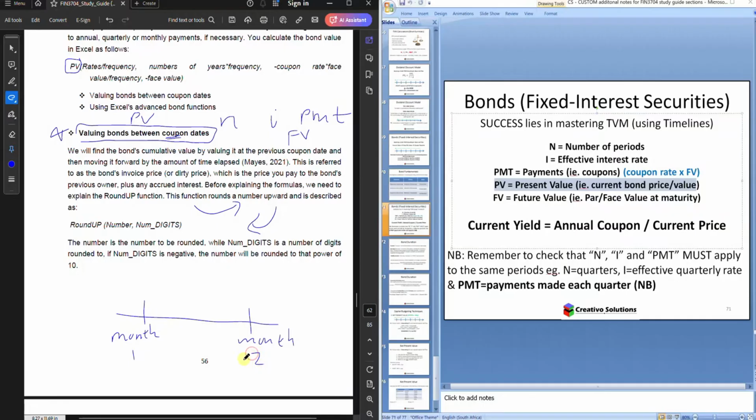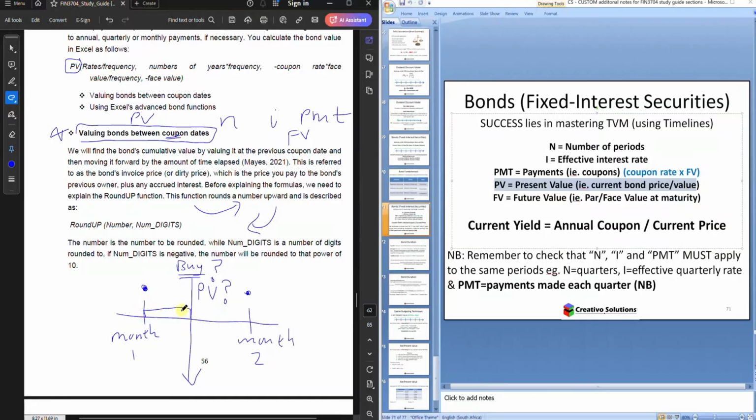But now the problem is, what happens if I buy the bond somewhere in between? What price am I going to pay for the bond? What do you think? If I don't buy it exactly on the coupon date, I think you would have to include the month one's coupon.